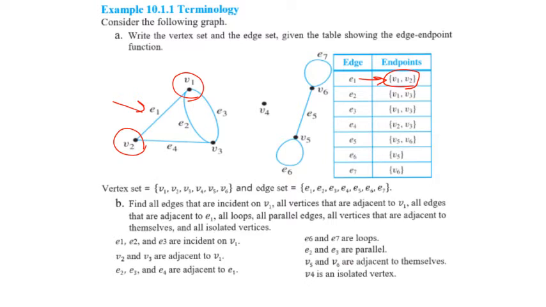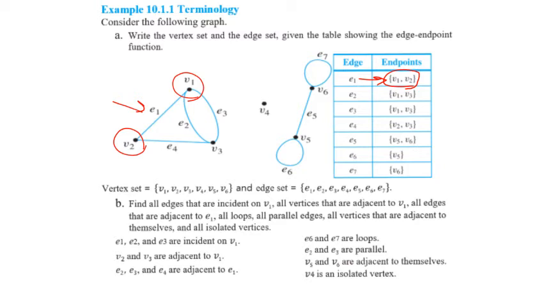That's why V2 and V3 are adjacent to V1. Then it asks us to find all edges that are adjacent to E1. So in order to find the adjacent edges to E1, we need to find all edges that are incident on V1, which is one endpoint of E1, and all edges that are incident on V2, which is the other endpoint of E1.